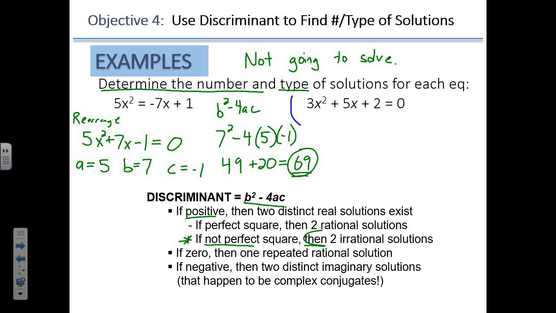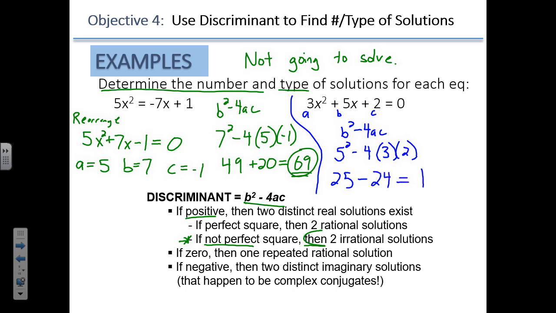Okay, what about the one on the right? What kind of solutions do we have here? It's pretty clear that our a value is 3, our b value is 5, and our c value is 2, and therefore b squared minus 4ac turns out to be 5 squared minus 4 times 3 times 2, or in other words, 25 minus 24.